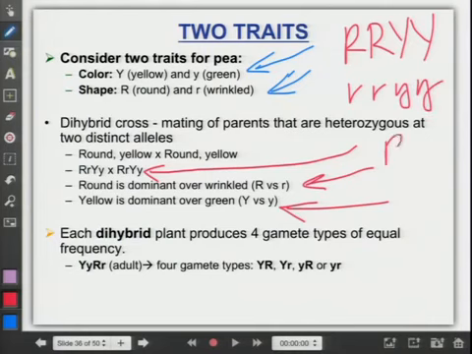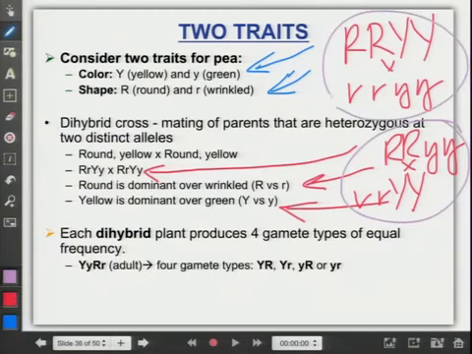In this case, it really doesn't matter if one parent is dominant for one and recessive for the other. They don't have to both be dominant and both be recessive to be considered parental. Because if you cross these two or these two, you end up getting the same ratios. They'll be in different squares in your Punnett square, but when you count them up, it'll be the same.